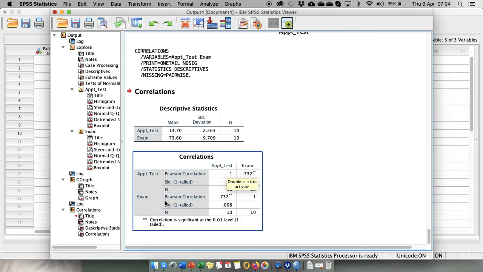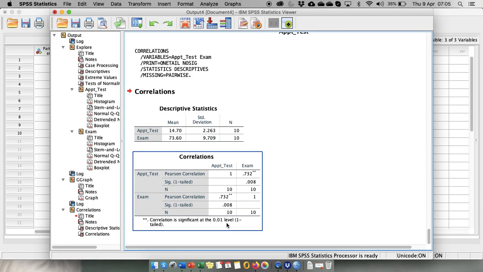So aptitude test and exam scores correlate at 0.732, and the correlation is significant. So you get your significance at 1 tailed in here, and this significance is also denoted by the stars. If you look at the bottom of the table in its dialog box, it says 2 stars is a correlation significant at 0.01 level.